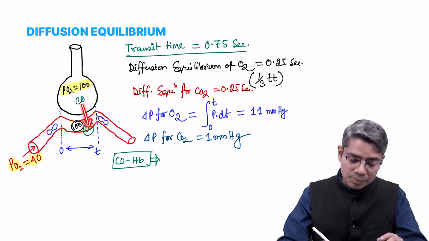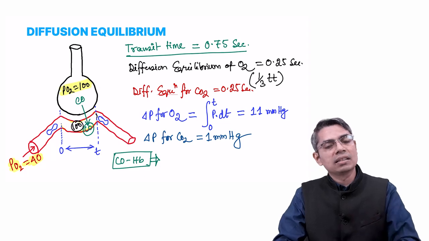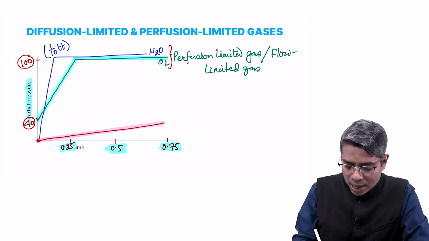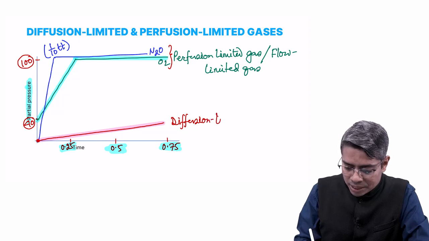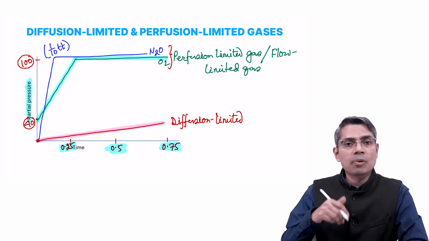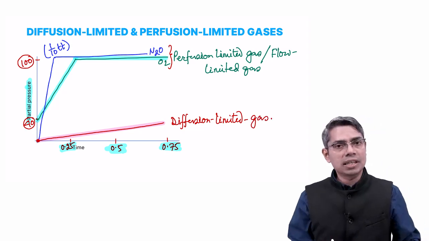The diffusion can be easily increased if you give more inhalation of carbon monoxide at the level of the alveoli. That's why this kind of gas is known as a diffusion limited gas. So the diffusion limited gas is carbon monoxide.